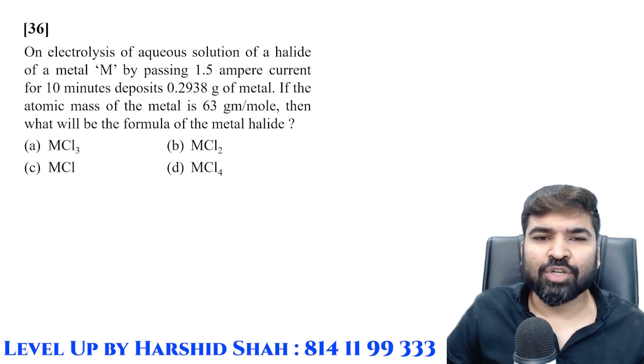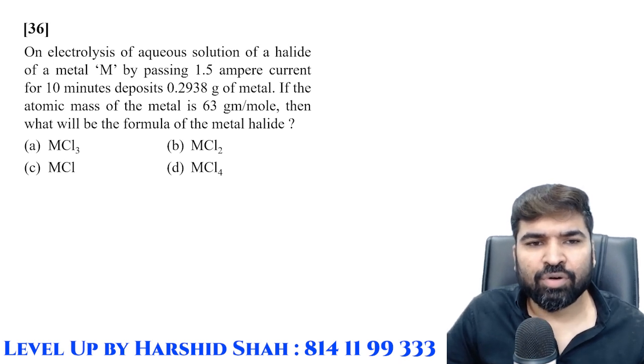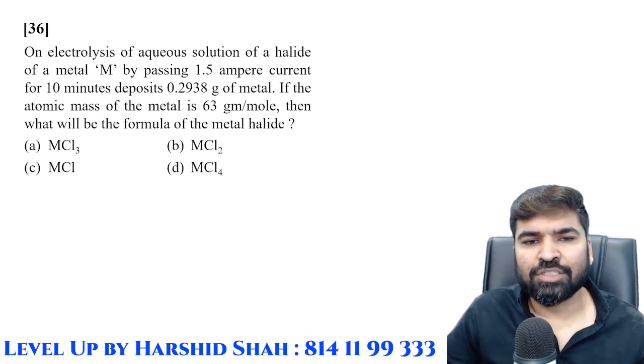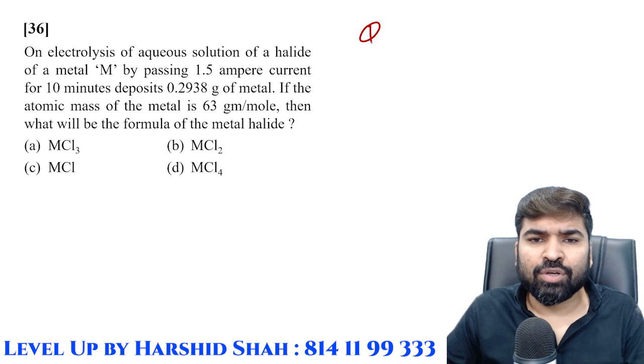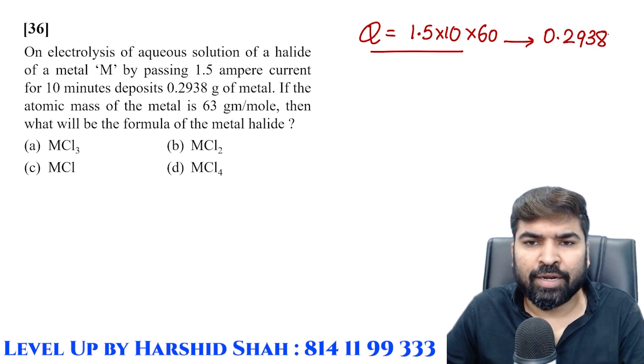On electrolysis of the aqueous solution of halide of metal M, 1.5 ampere for 10 minutes gives you 0.2938 gram of metal. If the atomic mass is 63, then what will be the molecular formula of its halide? Okay, right? So first of all, let us calculate the Q value here. 1.5 ampere multiplied by 10 multiplied by 60. If you pass this, you get the quantity, which is 0.2938 gram.